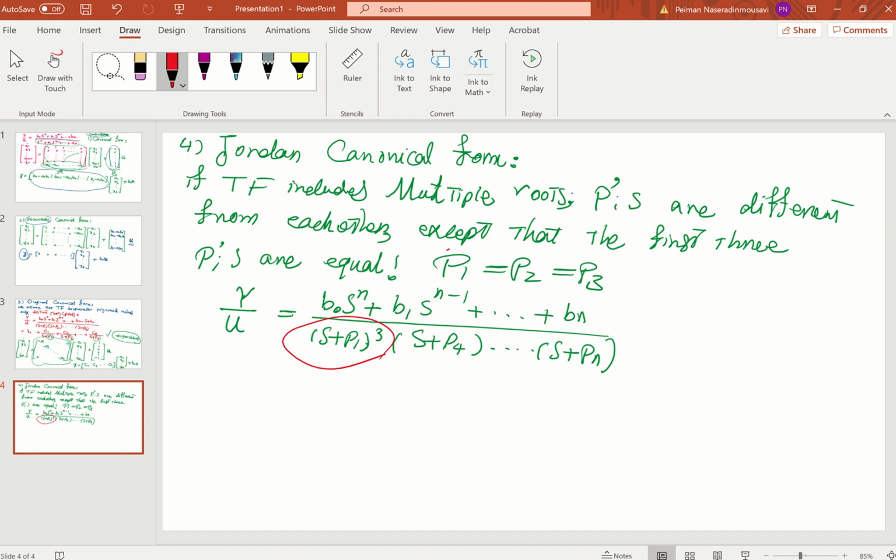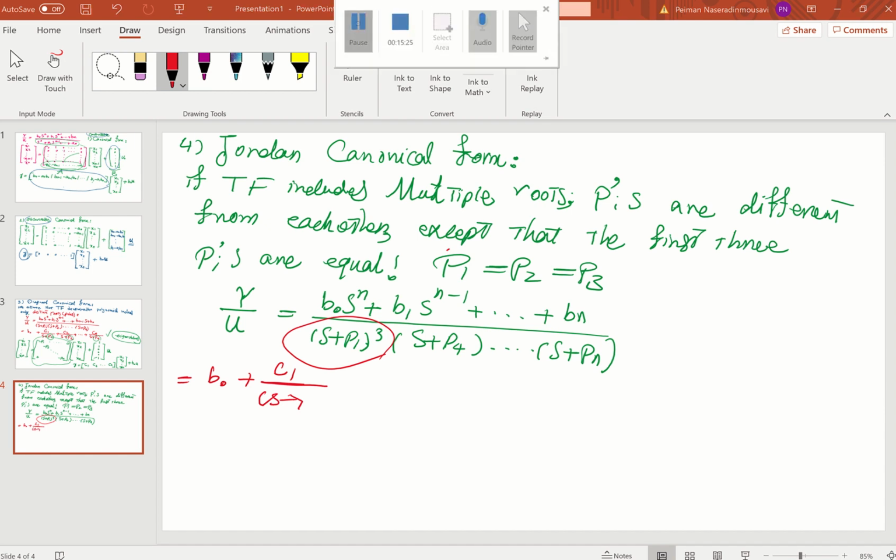Now you can expand this, look here guys, from algebra: C1 over (s plus p1) cubed, remember undergraduate control, C2 over (s plus p1) squared, this is also high school algebra.